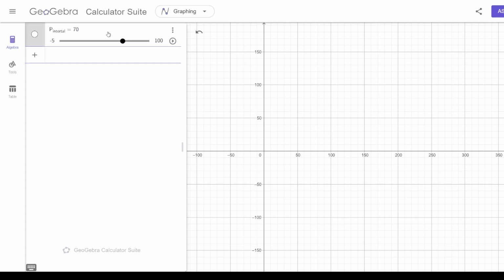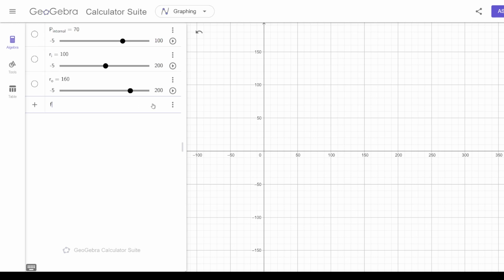Then radius internal equals 100 millimeters. We're changing from centimeters to millimeters. And then radius external is 160 millimeters. Let me change this to a lowercase i.